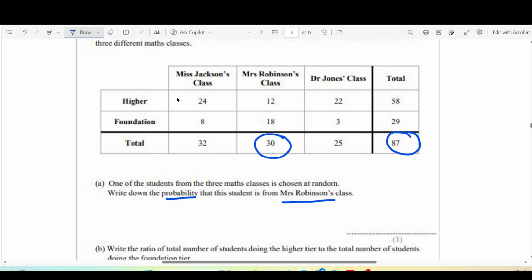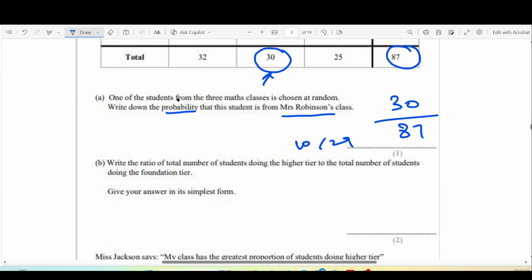So basically the probability formula is the favorable outcomes over the total possible outcomes. So 30 students are there in Mrs. Robinson's class, and the total students are 87. So this is the answer. If you simplify it, you will get 10 over 29. Next is, what is the ratio of total number of students doing higher and doing foundation?